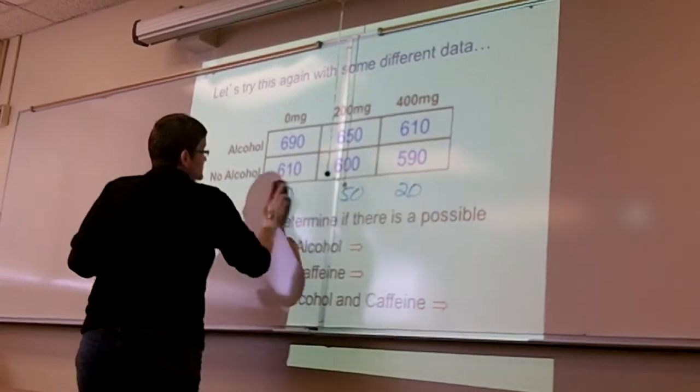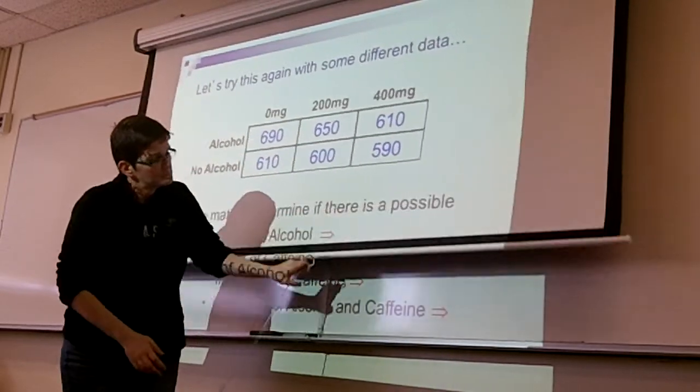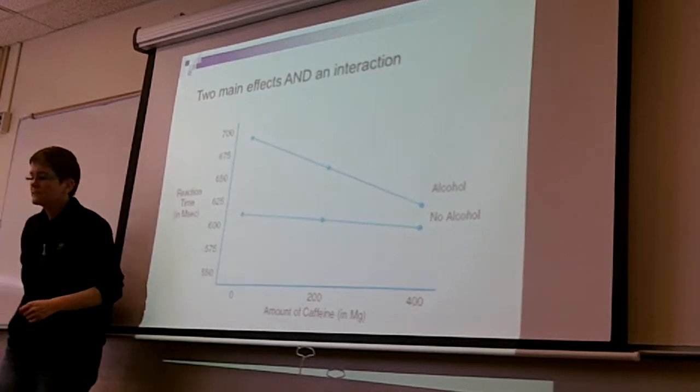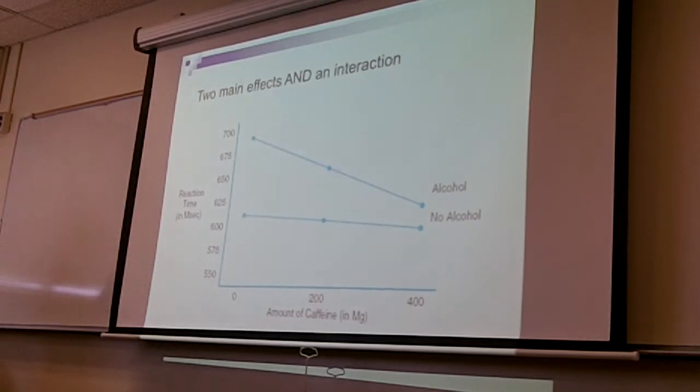So let's look at what this would look like on a graph now. When you have two main effects and an interaction, it looks a little bit different.